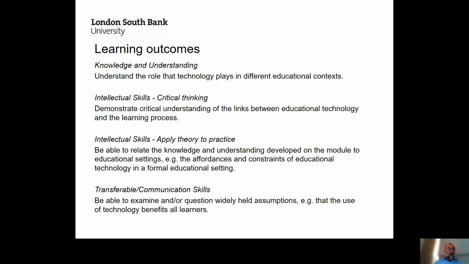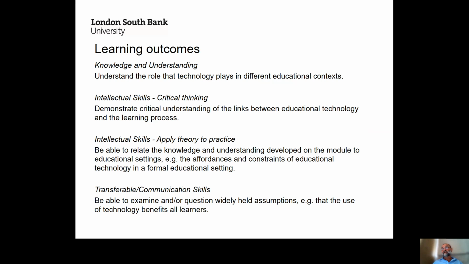We've got several learning outcomes for the module. This is about understanding the role that technology plays in different educational contexts. So when I talk about educational contexts, I'm talking about nurseries, reception classes, primary schools, secondary schools, further educational settings, universities, adult education settings, etc. So the whole range of educational contexts.